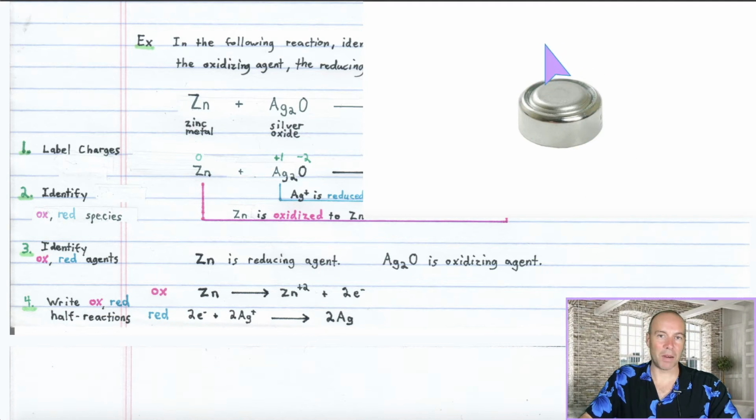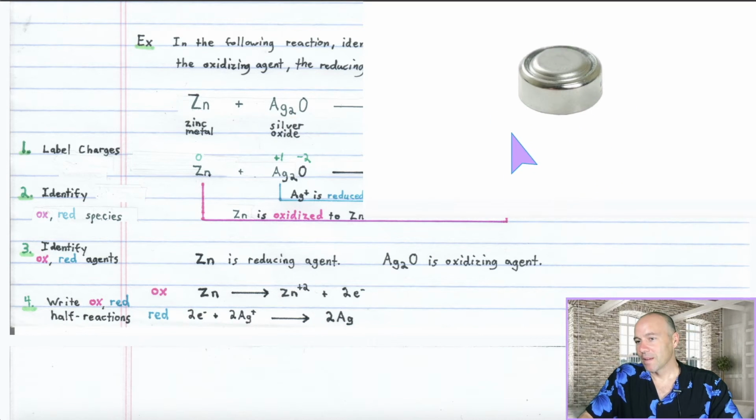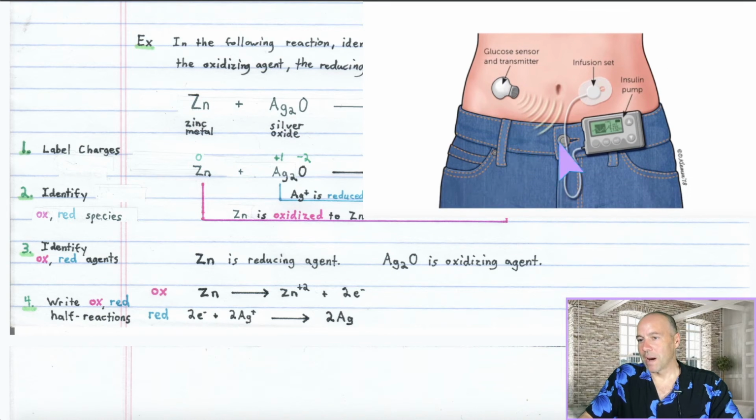Perhaps you recognize batteries that look like this. These are called little button batteries, and they can power various electronic devices. In fact, they're used to power insulin pumps. So here's an insulin pump that injects insulin into the body.